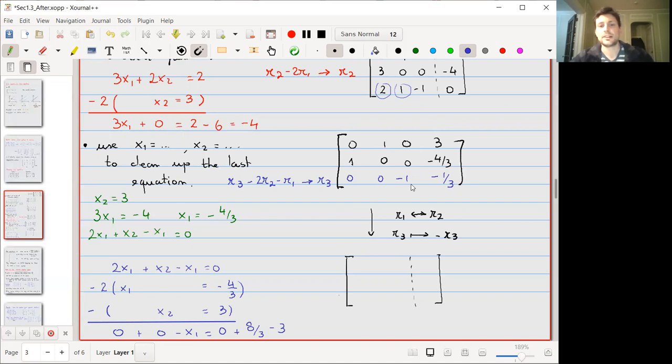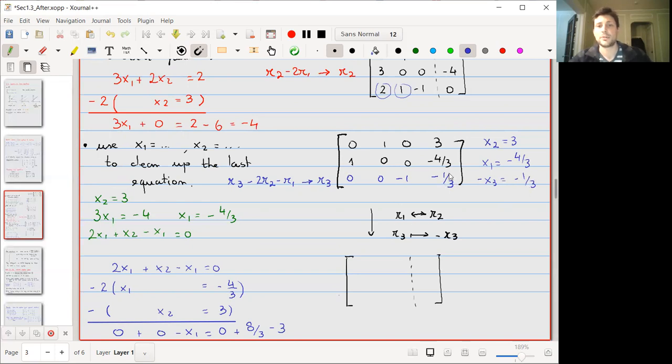I can now clean up this matrix a little bit by performing the following two operations. I like to swap the first and second row, because the first row now reads x2 is equal to 3, and the second row reads x1 is equal to minus 4/3. The third row is now minus x3 equals minus 1/3.